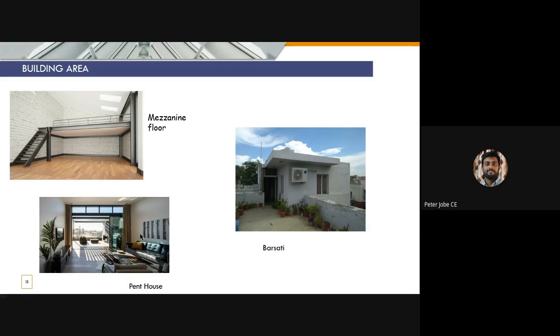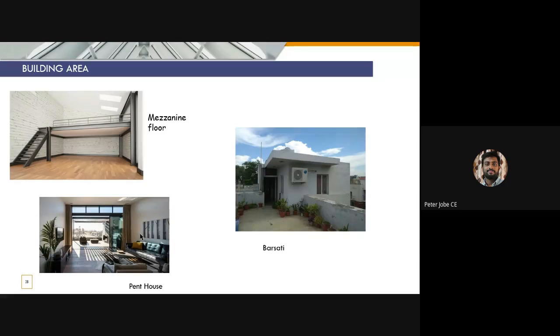The total height of a particular area might be more than sufficient for 2 or 3 shops to be included in that. But if we give that area to a single shop, I'm talking about a shopping complex, it may not be economical. So we will divide it with 2-3 mezzanine floors, and we will give each floor to one shop owner.